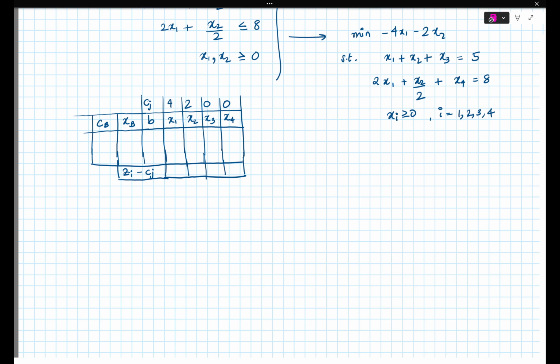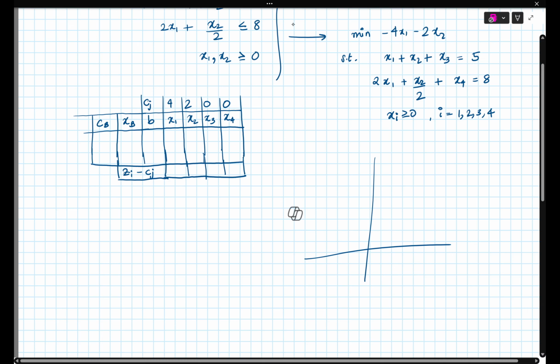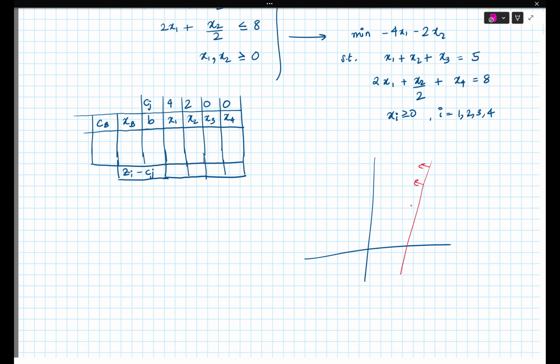Okay, so first thing that we require is, as we saw in the graphical solution, the solutions of the LP are the corner points. Your constraints will make some feasible region, something like this, because of the inequalities. So these are the inequalities, you need to be in this region.